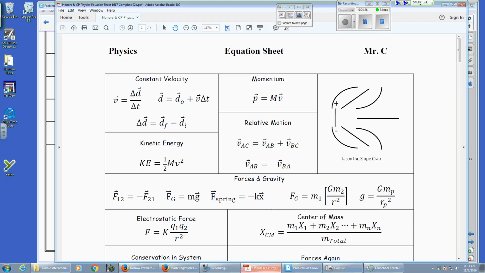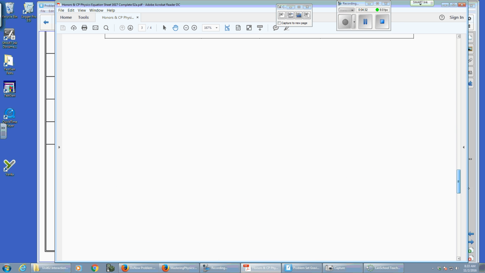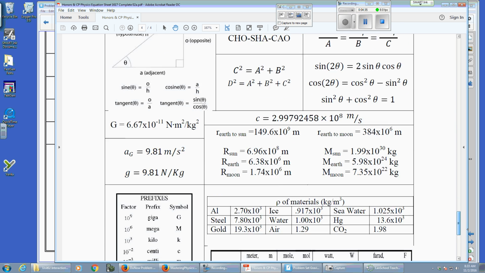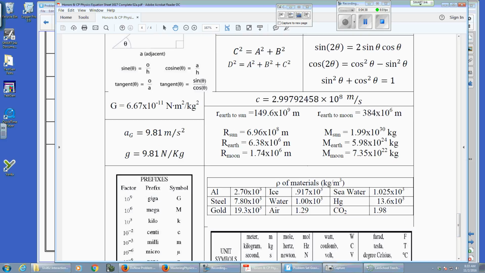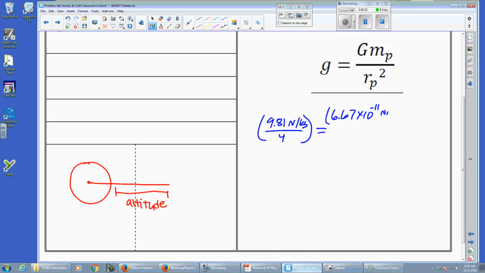If I look at my equation sheet and grab little g, the gravitational field strength at the Earth's surface, it's 9.81 newtons per kilogram. So this side is going to be 9.81 newtons per kilogram over 4. That's going to equal big G from that same equation sheet, 6.67 times 10 to the negative 11 newton meters squared per kilogram squared.